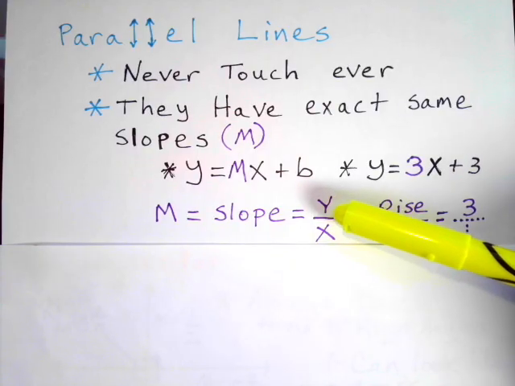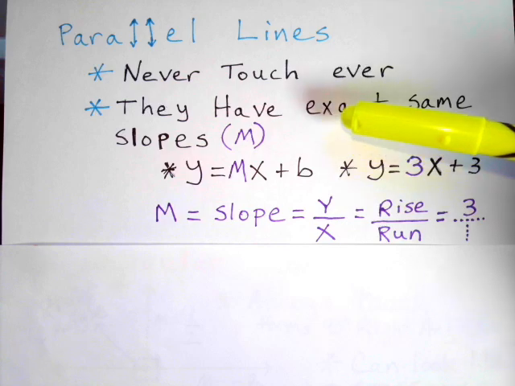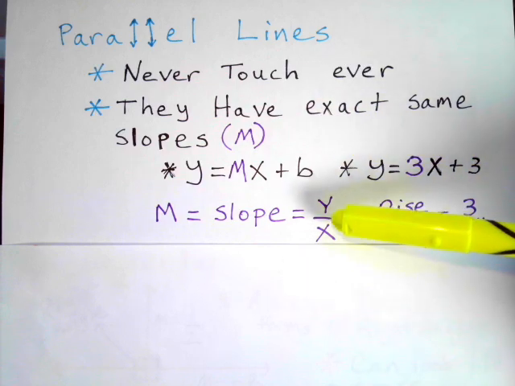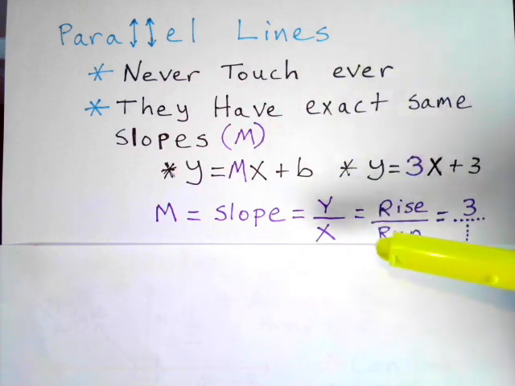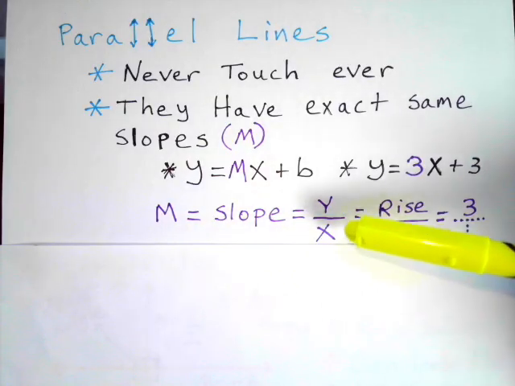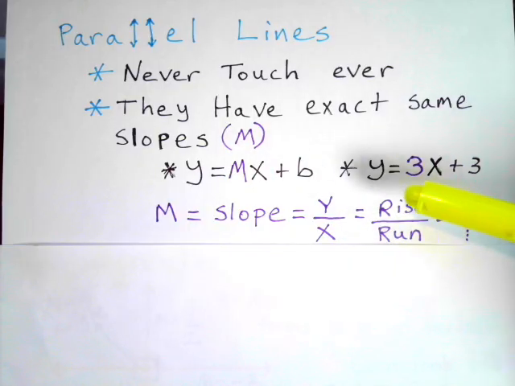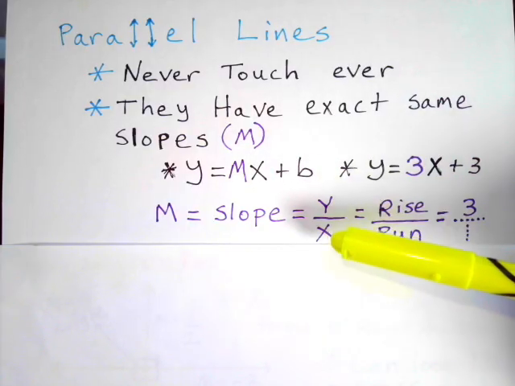Whatever value is in the top part of the fraction is rising. You are going up or down, so to speak. The value for x is going left and right. The value for y is going up or down. Rise over run is another way to remember y over x.